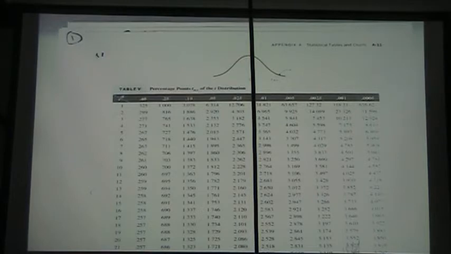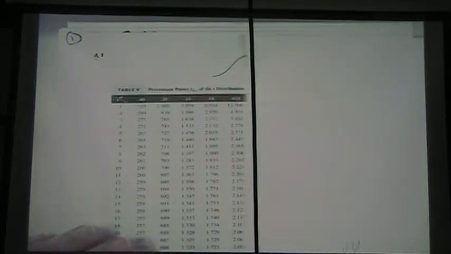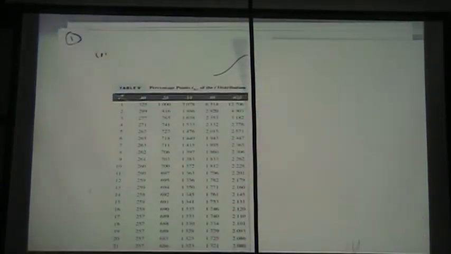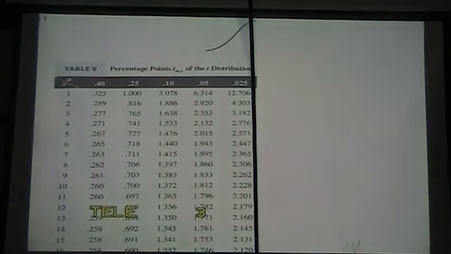All right, so for a 5% alpha, that's going to be a 0.025 alpha divided by 2. So I sequester my alpha divided by 2 column. Then I come over here.